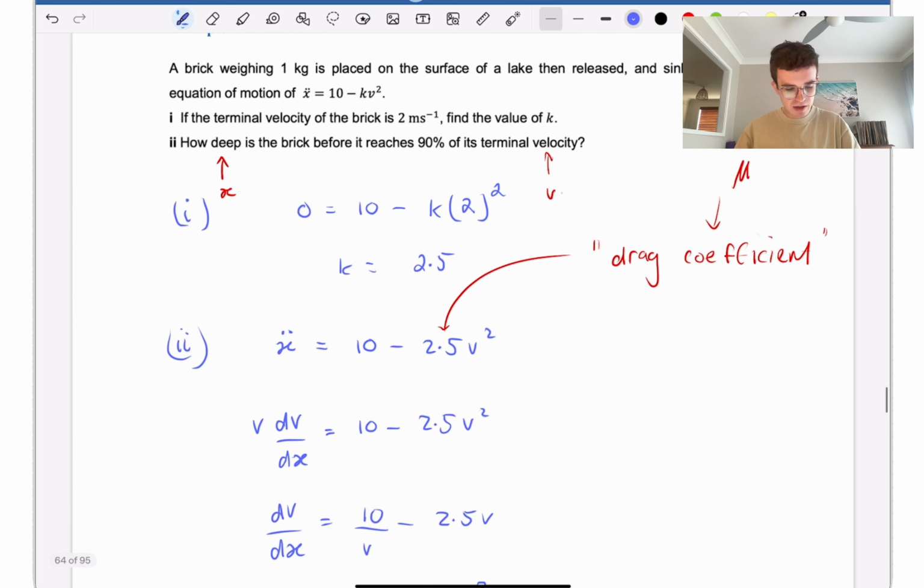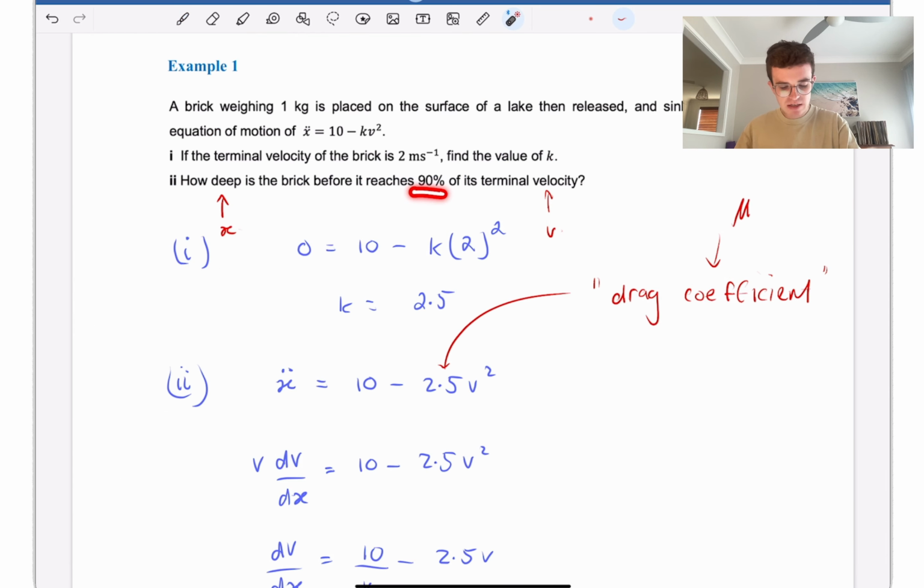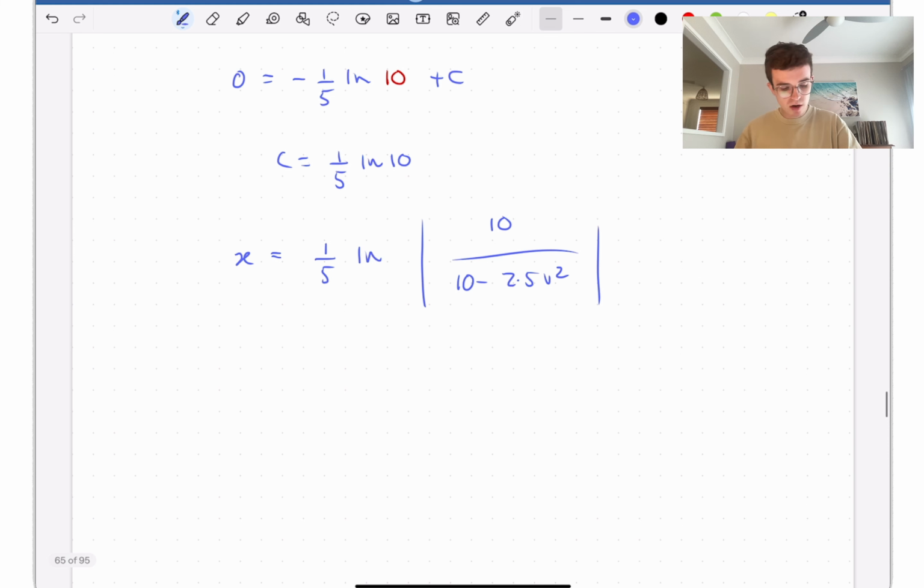And let's look at what the question was asking. How deep is a brick when it's 90% of its terminal velocity? Now its terminal velocity is 2, and 90% of 2 is 18 on 10, which is 1.8. So we're going to substitute in what v is equal to, 1.8. So we might find x of 1.8.